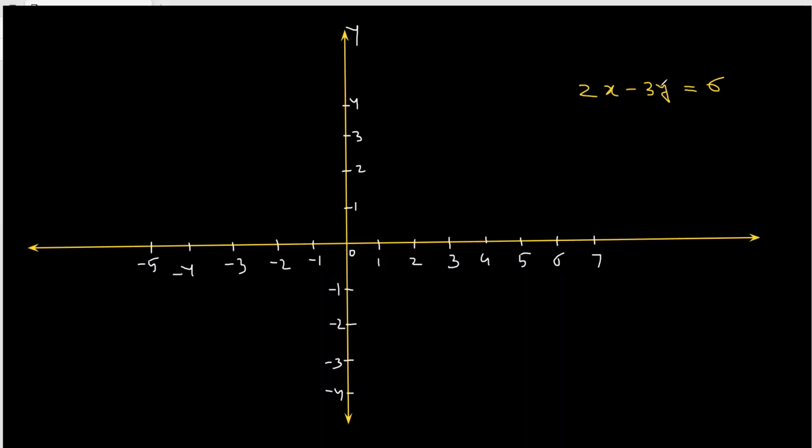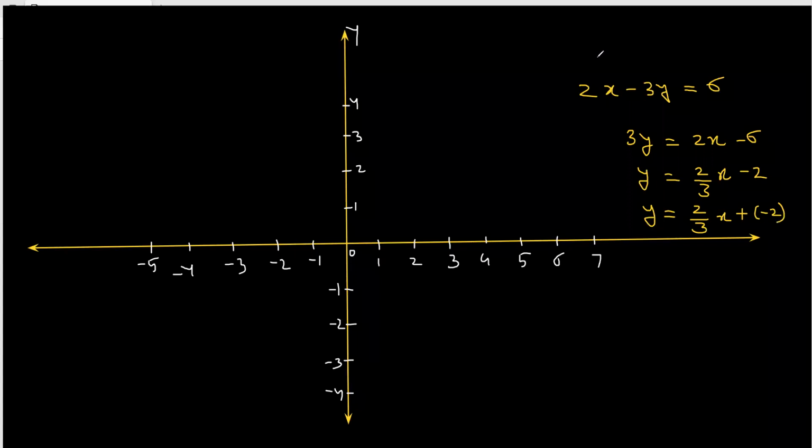Take 3y on the other side, so you have 3y equals 2x minus 6. 3y goes on that side, so positive; 6 comes on this side, so negative. Now I divide by 3, so I get y equals 2 upon 3 x minus 2.